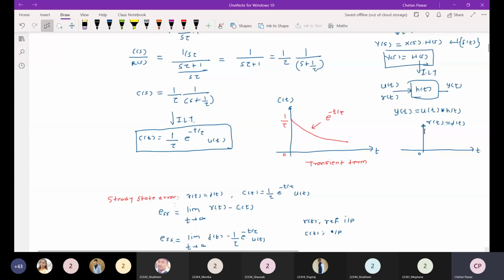Input exists only at t is equal to 0. At t is equal to 0 only the input exists. But output, okay, so input does not exist as t tends to infinity.